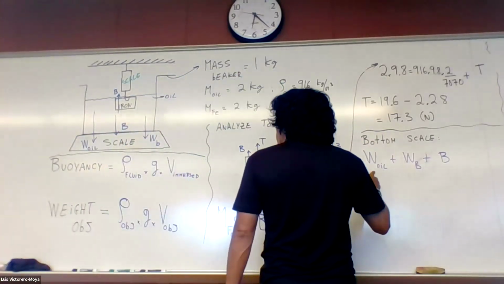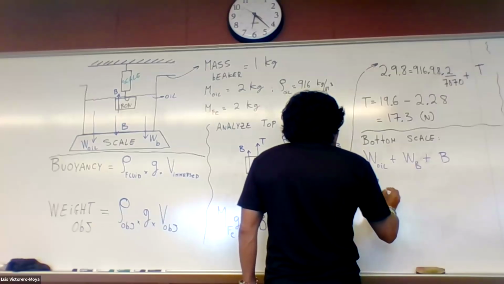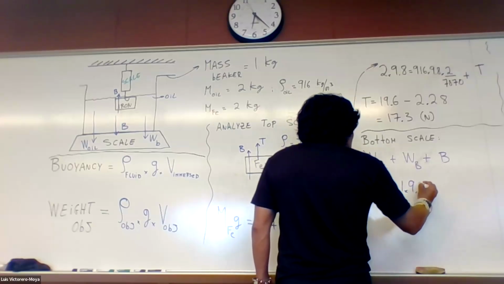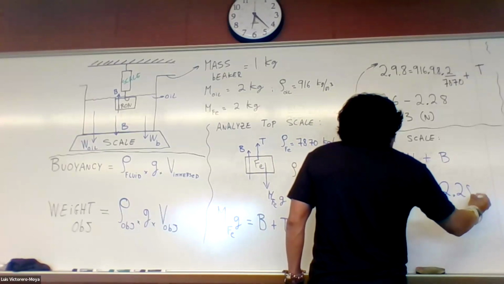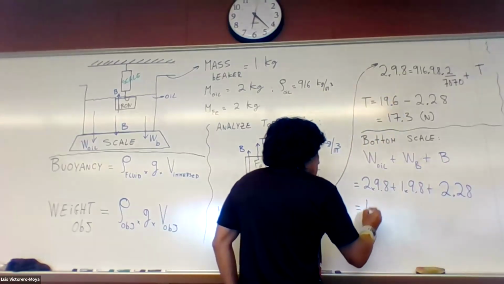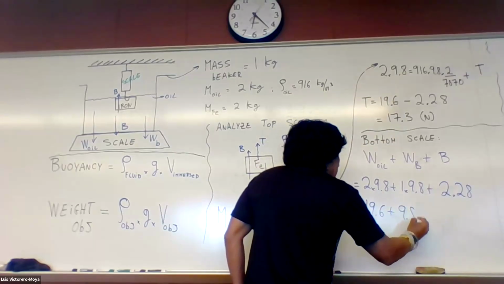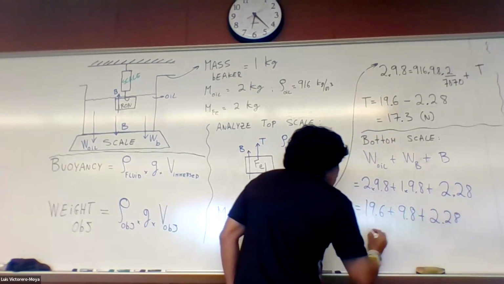So the weight of the oil is 2 times 9.8. The weight of the beaker, 1 times 9.8. And the buoyancy, 2.28. So this is 19.6 plus 9.8 plus 2.28.